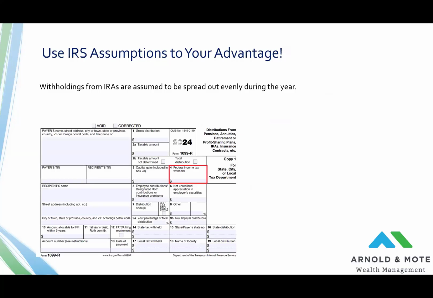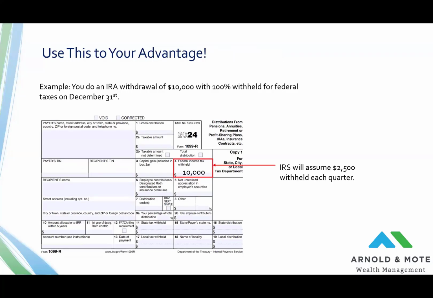And there are some ways to use the IRS assumptions to your advantage. And so, as we mentioned, withholdings from IRAs that come from 1099-Rs, the IRS is going to assume it was done quarterly, even if it was all done right at the end. And so, for example, let's say you do a big IRA withdrawal, $10,000, and withhold $10,000 in taxes on December 31st of the year.